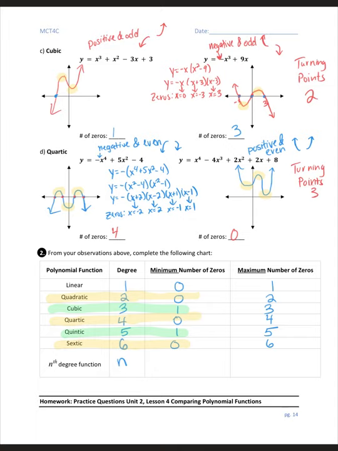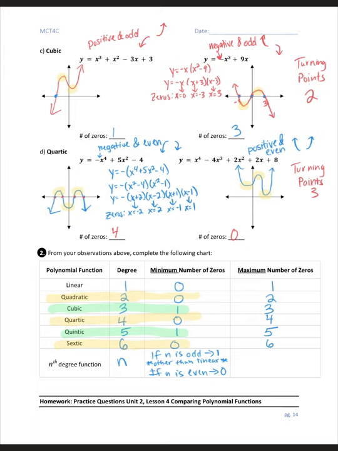So if n is odd, then the minimum number you could have is going to be 1, other than linear. Okay, with linear we did see that we could have a minimum of 0. If n is even, then the minimum number of zeros you could have is 0. It could not cross the x-axis at all.